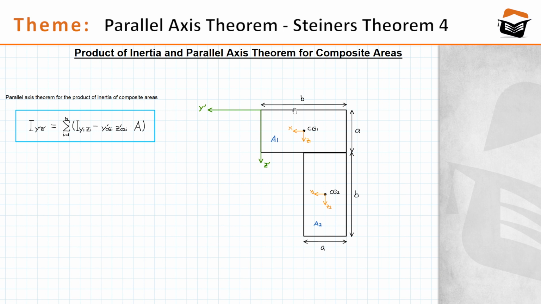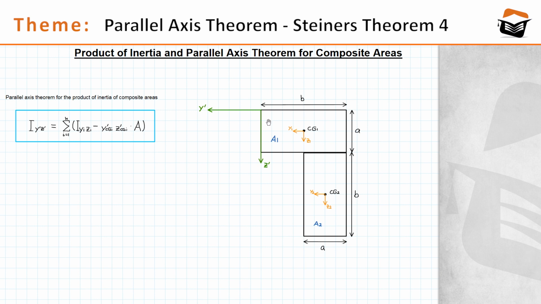rectangle separately and carry out the mathematics individually before adding together the partial products of inertia. Starting with the first rectangle, A1, I sub yz is the product of inertia with respect to a centroidal coordinate system.